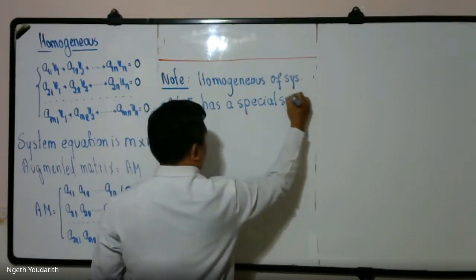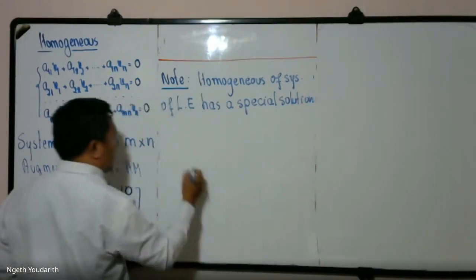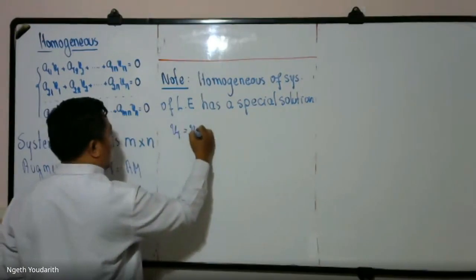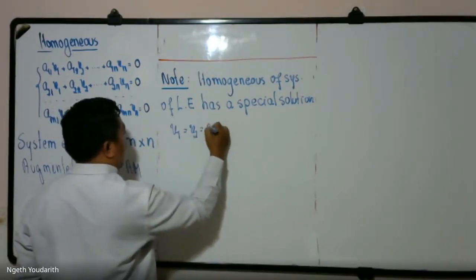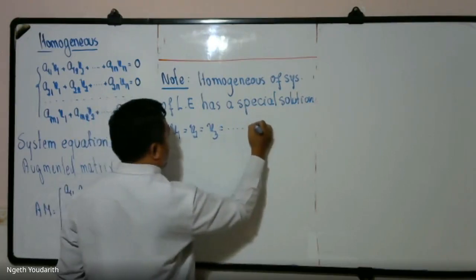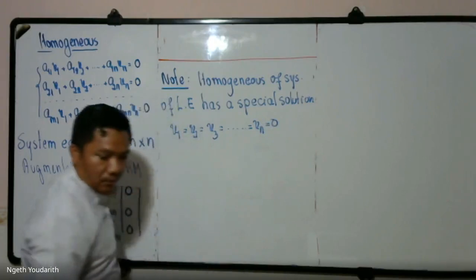A special solution is x1 equals x2 equals x3 equals, and so on until xn equals 0.